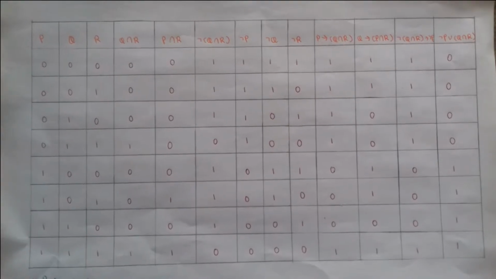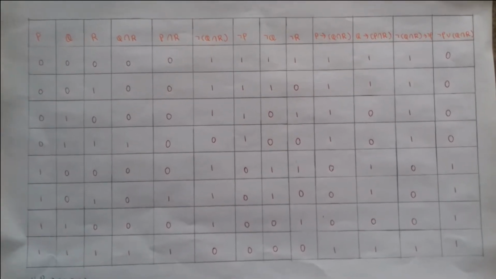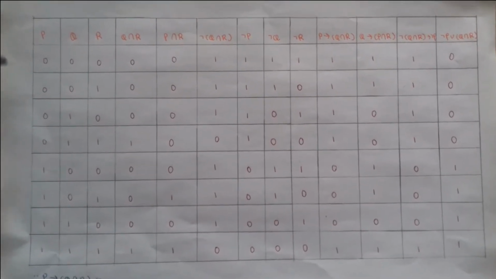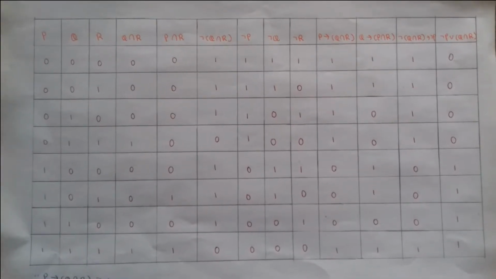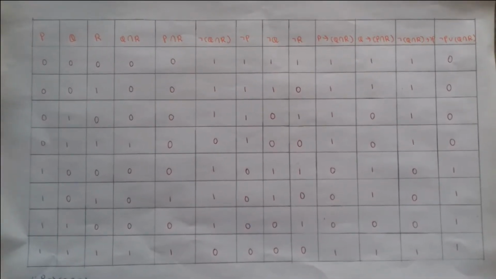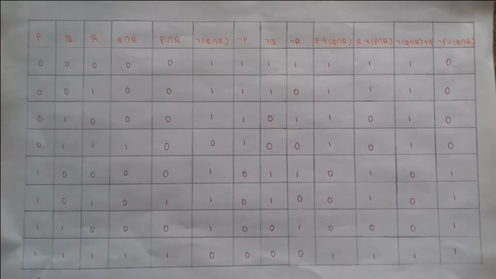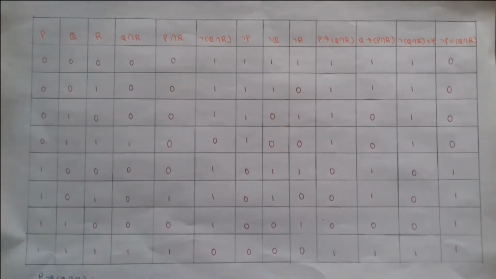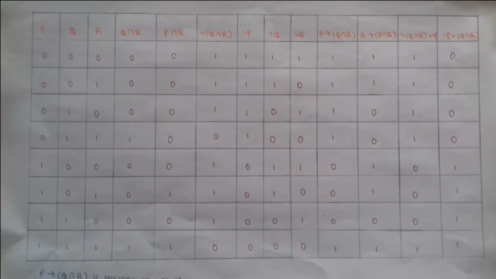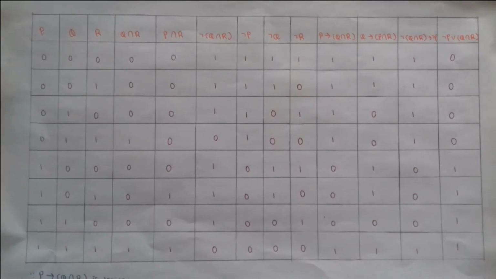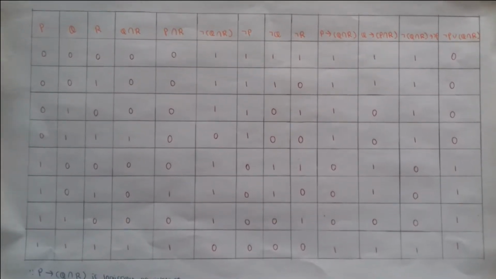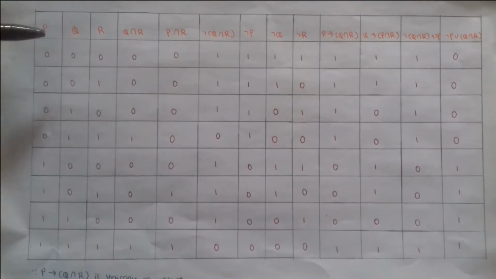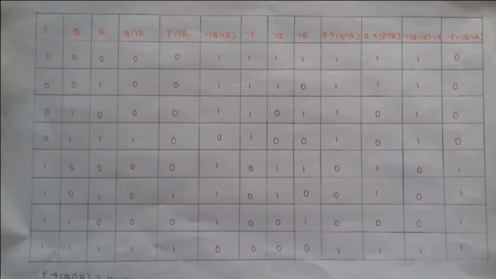The first thing that we need to know to construct this truth table is how many rows we need to construct. So, first of all, we use the formula 2 to the power of n, where n is the number of variables. Since we have 3 variables, 2 to the power of 3 is 8. So we need to construct 8 rows.